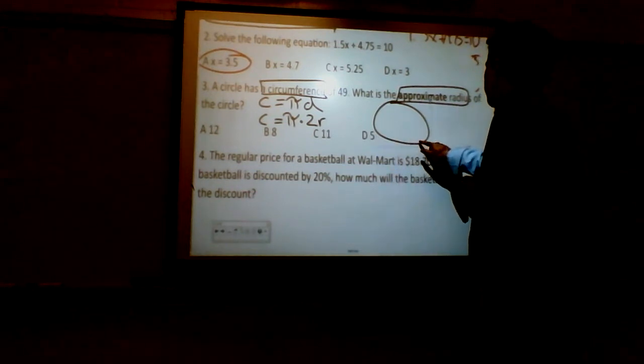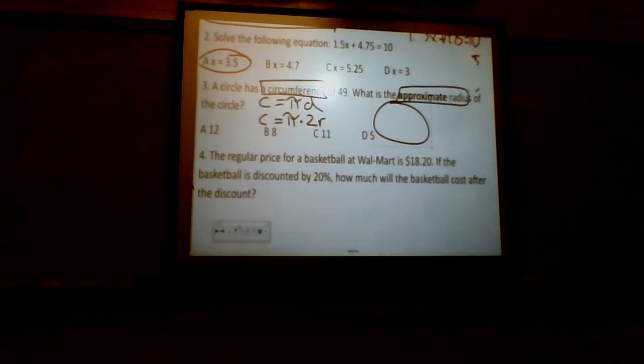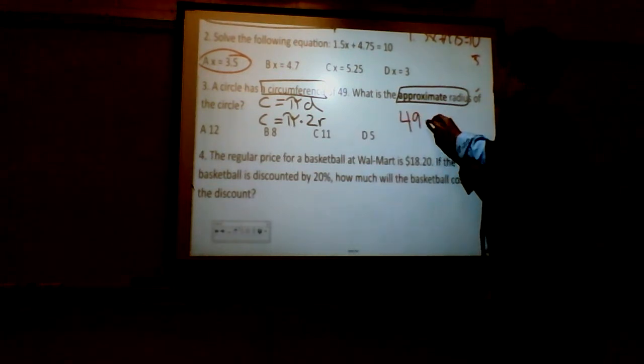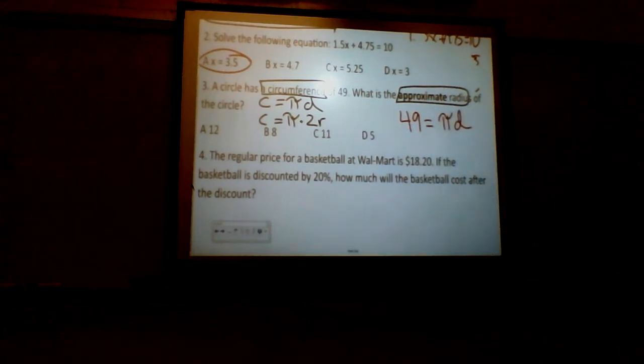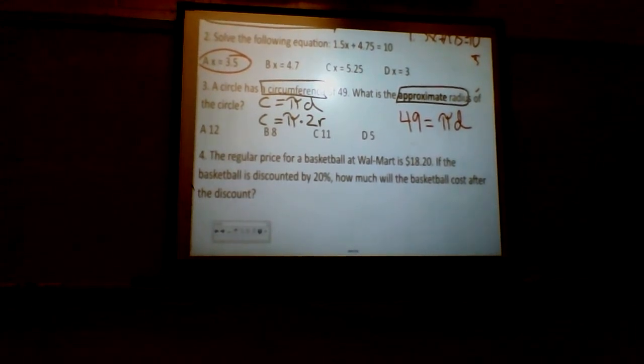I'm going to get rid of this circle. So, if the circumference is 49, we can plug that in. 49 is the same as pi times the diameter. If I use this formula, I still need to determine what the radius is. So the first thing that I'm going to figure out is the diameter.